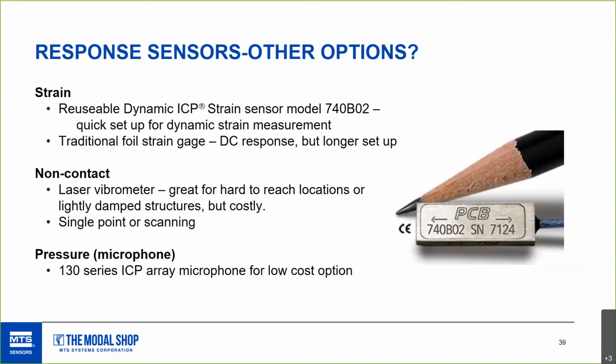You could use non-contact things like a laser vibrometer. It can be expensive, but if you really can't put a sensor on it due to temperature or location, but you have a line of sight, the laser's great. You can even do a scanning laser at more cost, again assuming your structure or system that you're measuring is time invariant. And you can join microphones with the test as well pretty easily.